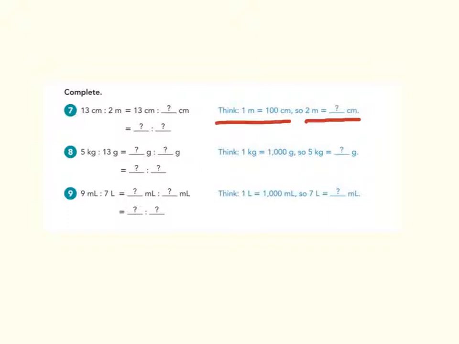Fill that in and complete your ratio. You'll do the same for number 8, 5 kilograms to 13 grams. Again, there's a key over here to tell you how many grams are in a kilogram. And then finally for number 9, you have 9 milliliters to 7 liters. So you have your clue over here that tells you how many milliliters are in a liter. Go ahead and complete these problems and come back to do some more ratios with me.